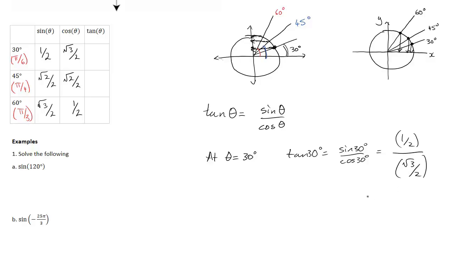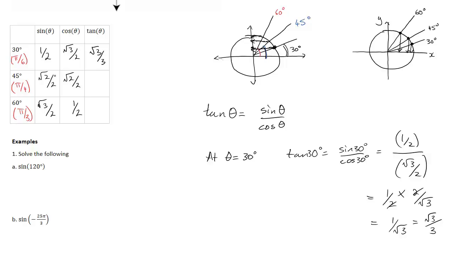And then we can work out what that is. So half divided by, or times by, the reciprocal. Okay, and that cancels, and so we get 1 over square root of 3, which if you want, you can actually rationalize that denominator as well, so that becomes square root of 3 on 3. So that's what the tan value is.